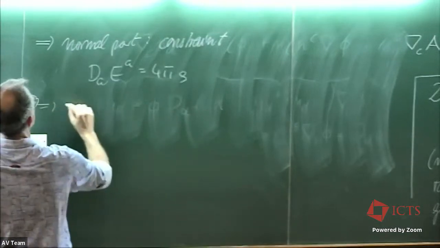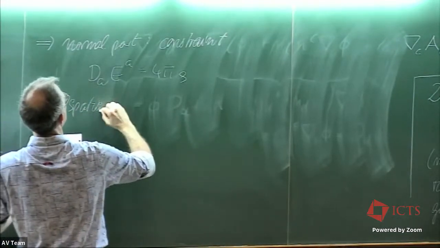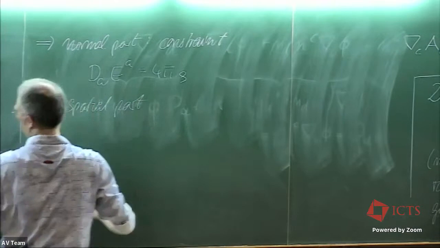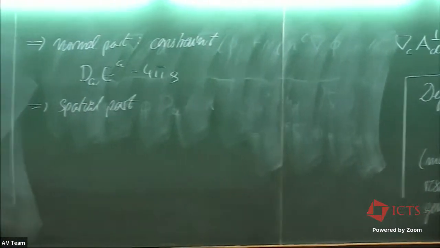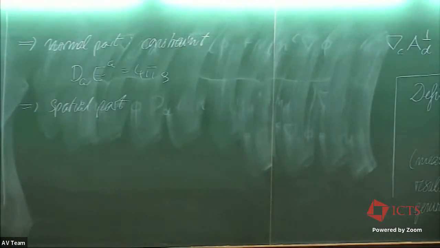And then we identify the spatial part. And if I again rewrite the Lie derivative along n as the Lie derivative along alpha n as here, I use the same trick that we used here. Again, you have to check that this is true. You have to believe me.